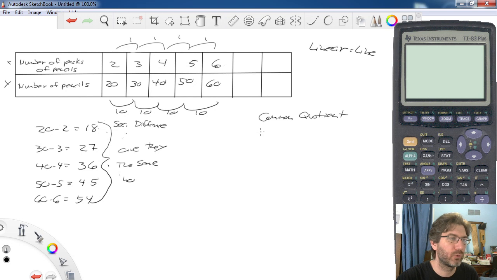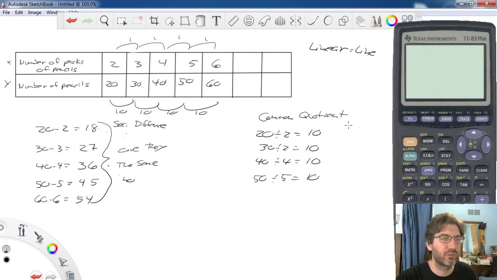Right, common quotient would be 20 divided by 2 equals 10. 30 divided by 3 equals 10. 40 divided by 4 equals 10. Right, 50 divided by 5 equals 10. Here you have your common quotient, so you know that it's going to be multiplication. I'm going to multiply 2 by 10 to get to 20.